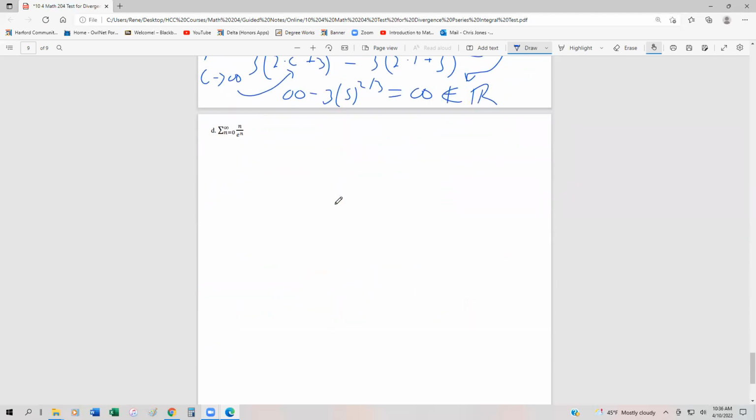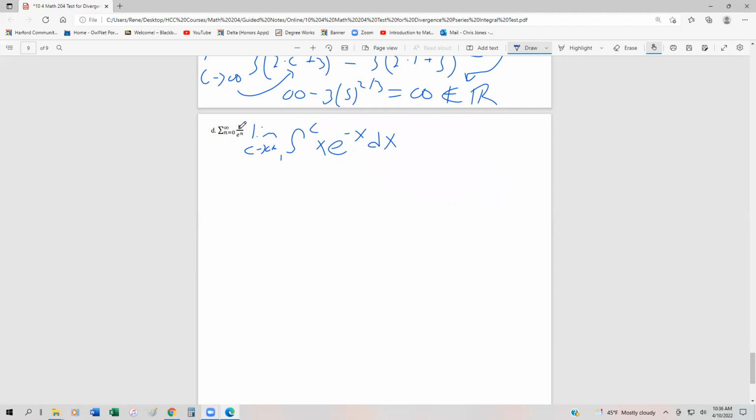One last example, and this is a pretty good one, a little bit sneaky, but we have n over e to the n, all right? And for this one, let's just go ahead, replace the n's with x's, set it up as a limit. So we're going to have the limit as c approaches infinity, as usual, 1 to c, and I'm going to rewrite this as x e to the minus x dx.